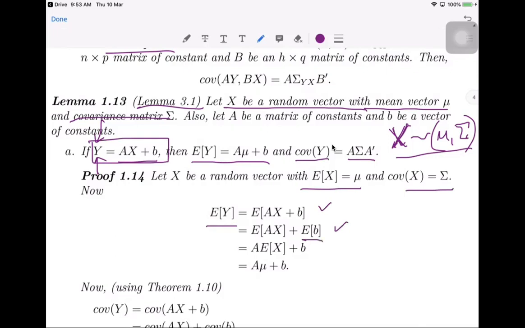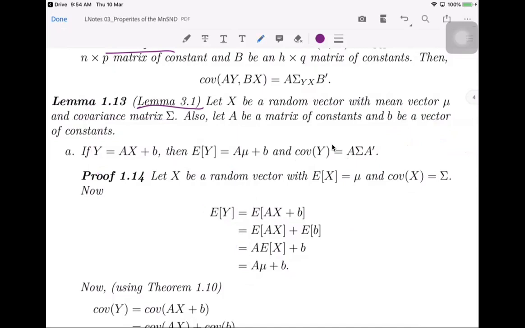The expectation of a constant is just the constant. By the previous result, the expectation of a constant matrix times the random variable is just equal to the matrix times the expectation of X. But we know that the expectation of X is equal to mu. So the expectation of Y will be equal to A mu plus B.